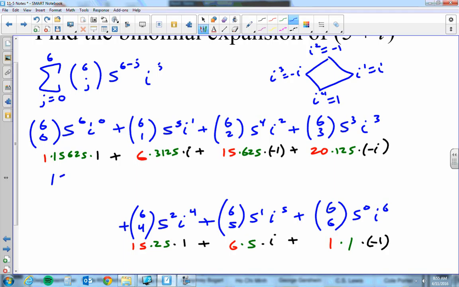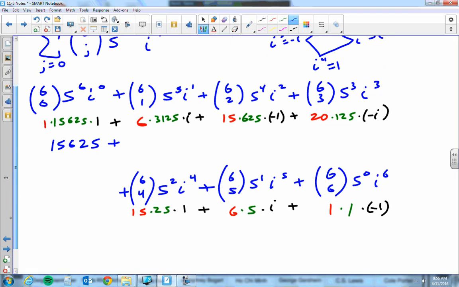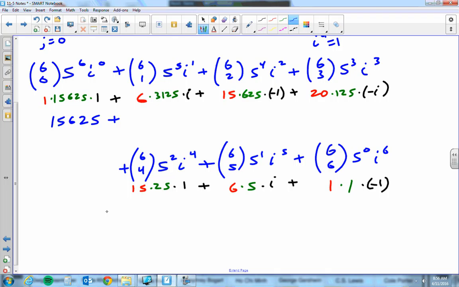All right. This first one is 15,625. That's easy. I need some of you to figure out 6 times 3125, and some of you to figure out 15 times 625. And the rest will be easy. So some of you calculate this, some of you calculate this. Seven, 1740.